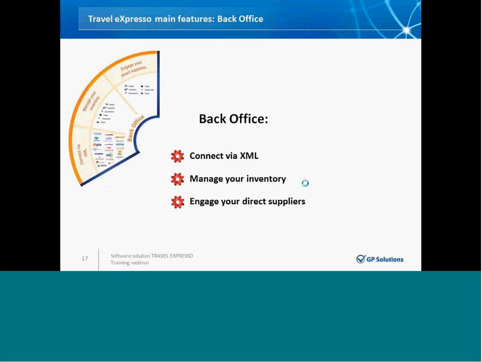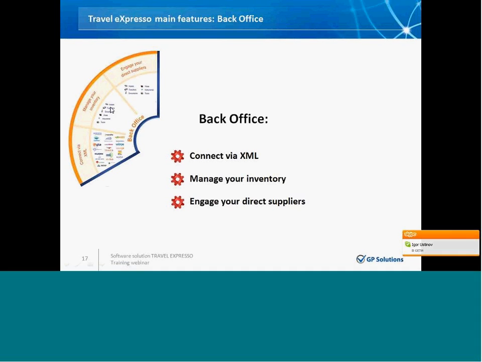In back office, you have possibilities to get products via 3 channels. The first one is connection to online suppliers via XML. If your supplier has his own system, you can connect to it, and you will not need to enter prices and availability.